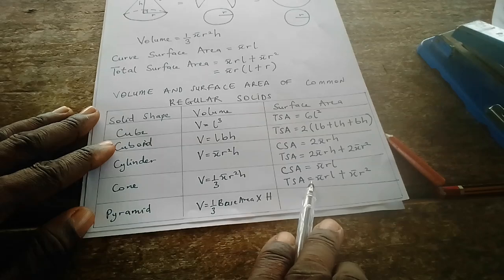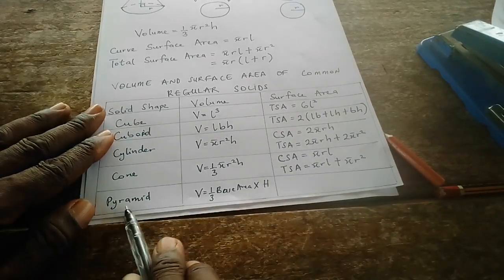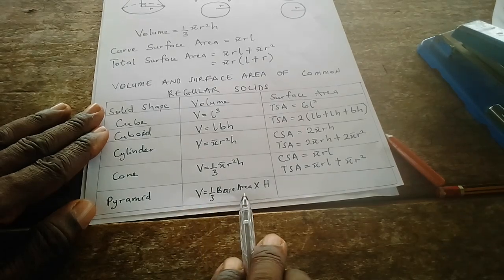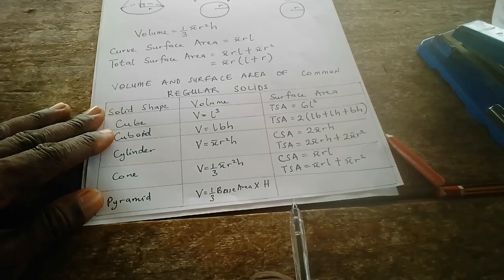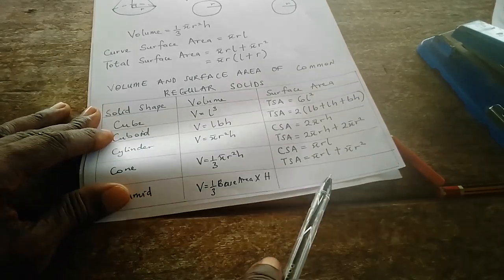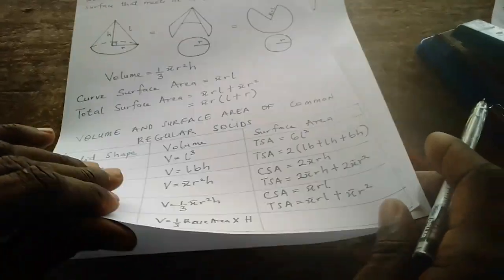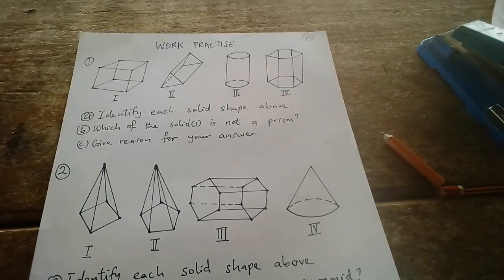Total surface area of the cone is pi rl plus pi r squared. That of the pyramid, volume of the pyramid is 1/3 base area times the height. So you realize that the surface area of a pyramid is not consistent. So that means you will have to dismantle it and get the total surface area.